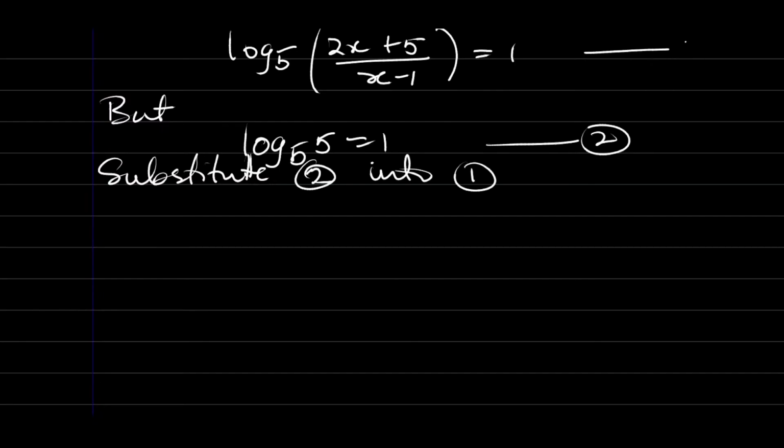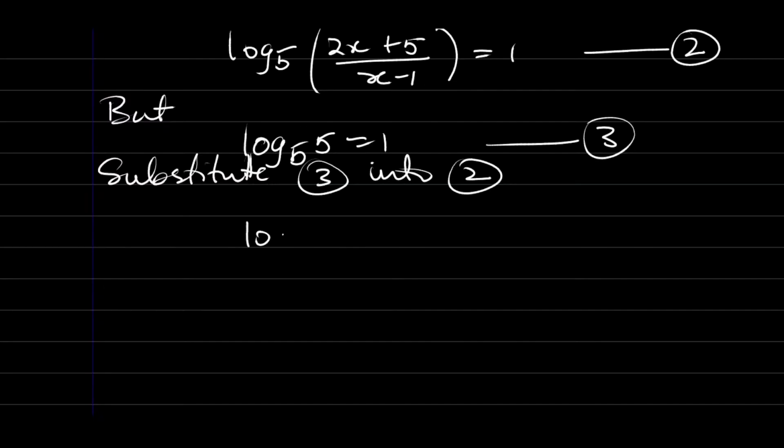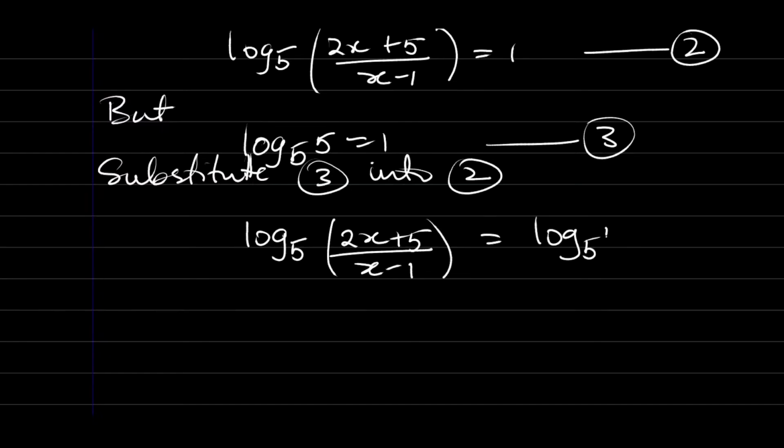You know what? Maybe I should call it like 2, and then I call this 3, so that when I make the reference, I'll say 3 into 2, and that makes sense so as not to confuse you. Right, so this is equation 3. I'm going to put equation 3 into equation 1. I'm going to end up with something that looks like log to the base of 5 of 2x plus 5 all over x minus 1, close the bracket, is going to be equal to log to the base of 5 of 5.